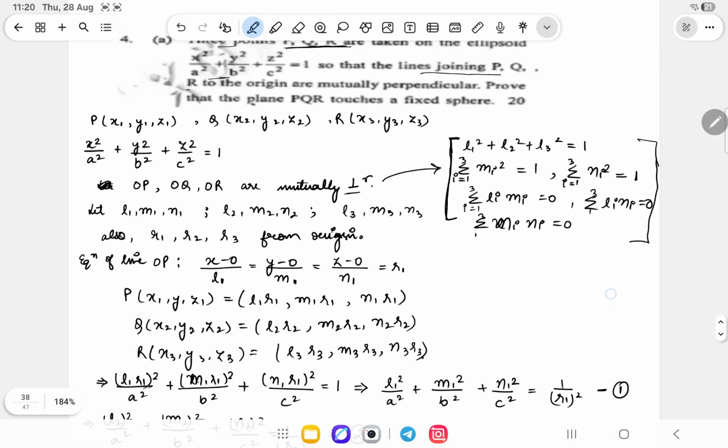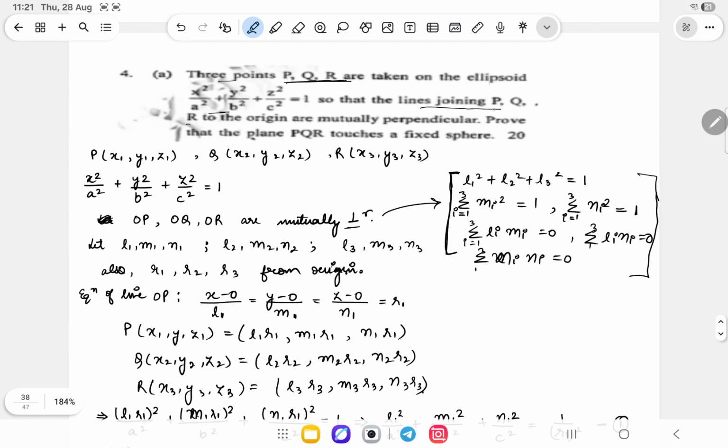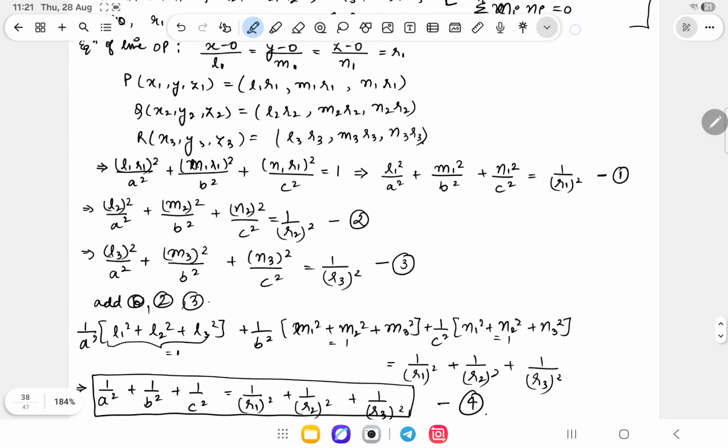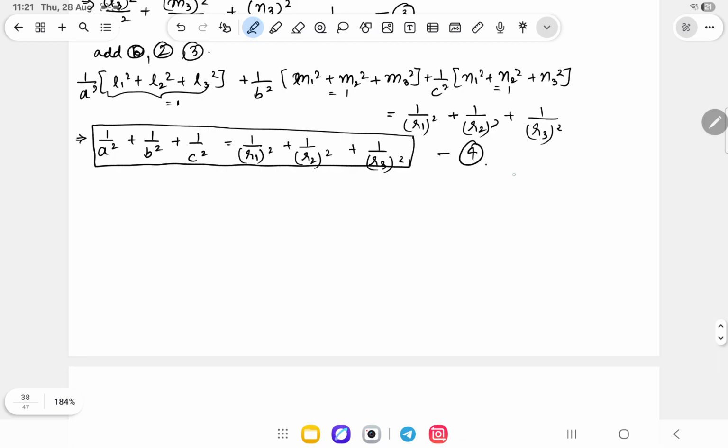So the question further says that we are supposed to prove that the plane PQR touches a fixed sphere. So till now we have got that this is x-axis, this is y-axis and this is z-axis.